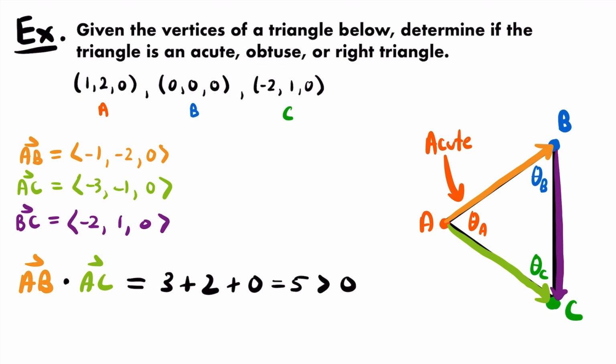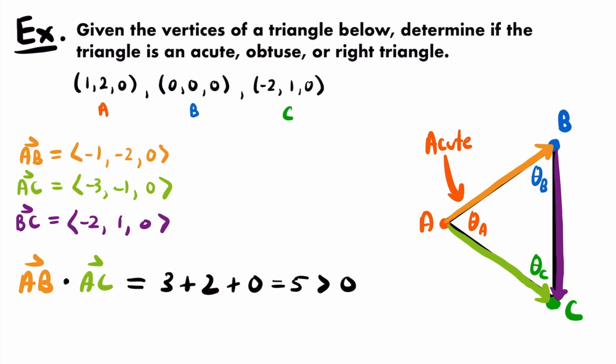That means it's less than 90 degrees, less than pi divided by 2 radians. Okay, so that takes care of this angle. That doesn't really tell us anything. An acute, obtuse, and right triangle all are going to have at least 2 acute angles. We're going to have to look at our other angles to see what type of triangle this is. And so let's move on to this angle, angle B.